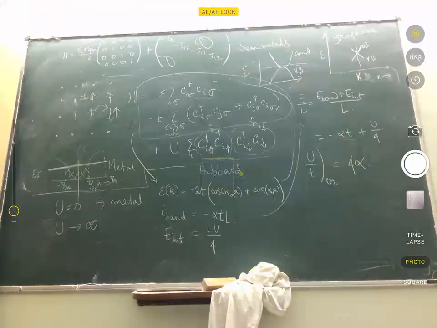So at that value of U, I should get a transition from a metallic system to an insulating system, very naively looking at it.